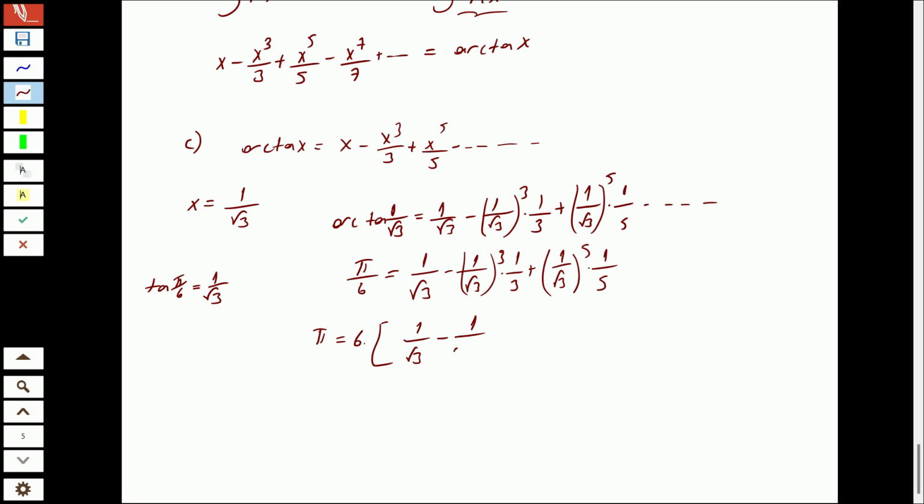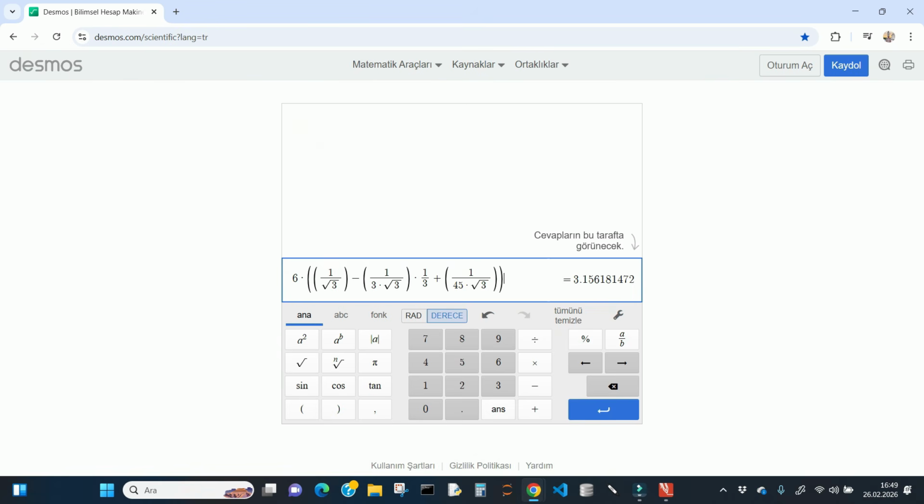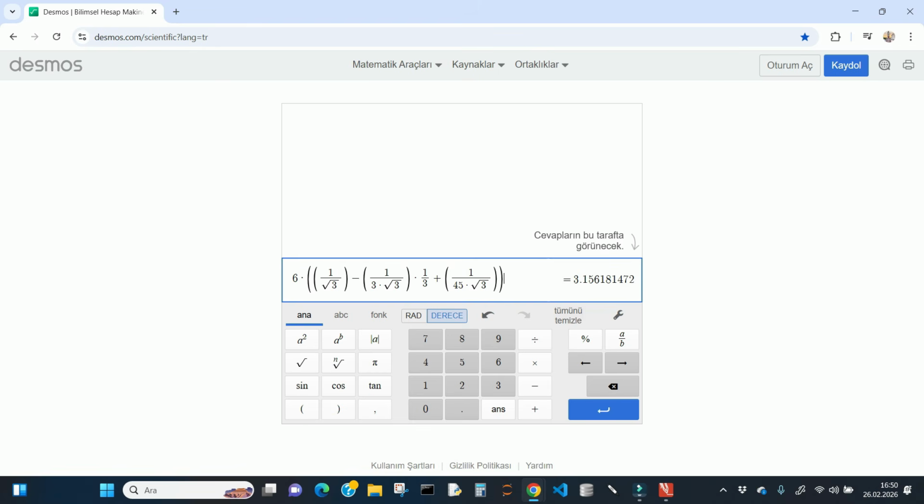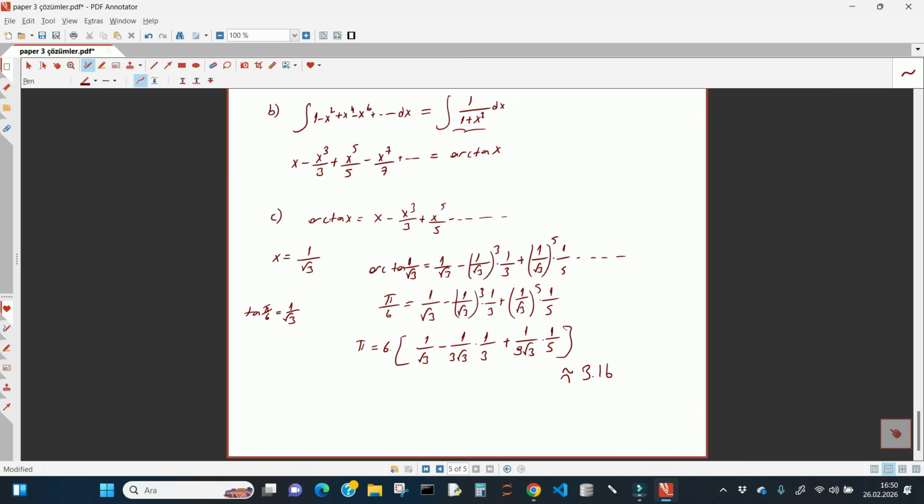Okay, I can write 1 over 3 square root of 3 times 1 over 3. It's going to be 1 over 9 square root of 3 times 1 over 5. Okay, let's find this one. It is approximately 3.16. But it says three decimal places. In this case, I will write 3.156.